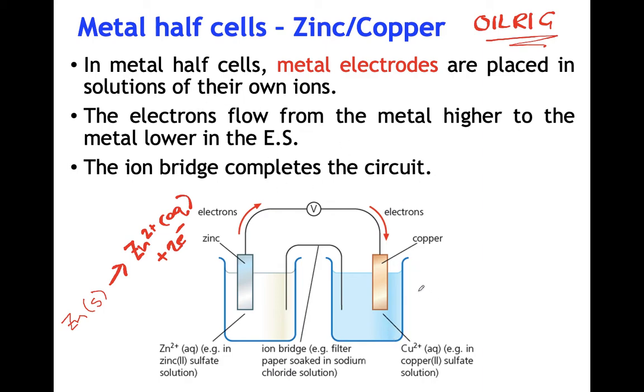Now, these copper 2+ ions accept the electrons from the zinc to form copper atoms. So the ions, which are in solution, form solid copper on top of the electrode.